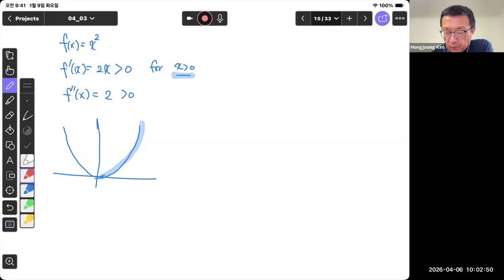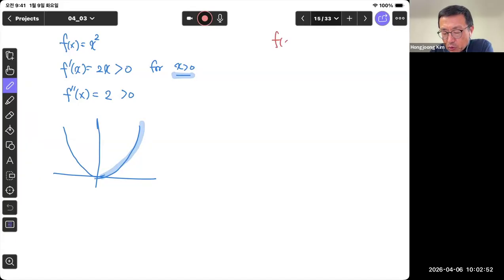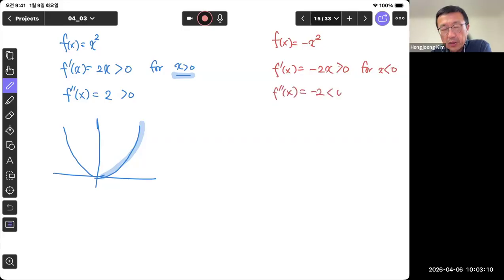In the case of the negative x squared function, f prime of x is negative 2x, and that is positive for negative x, and f double prime of x is negative 2, which is negative.